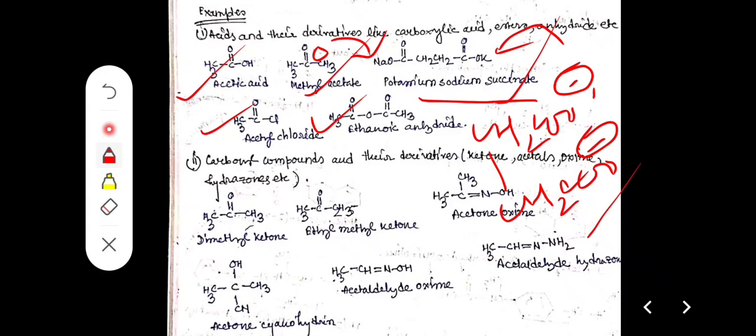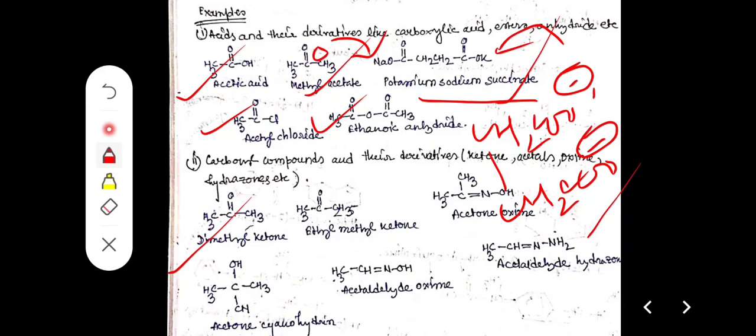Next one, carbonyl compounds and their derivatives. Among carbonyl compounds, ketones are possible, aldehydes are possible, oximes are possible, and acetals. First one, dimethyl ketone, where two CH3 groups are attached to the CO group.